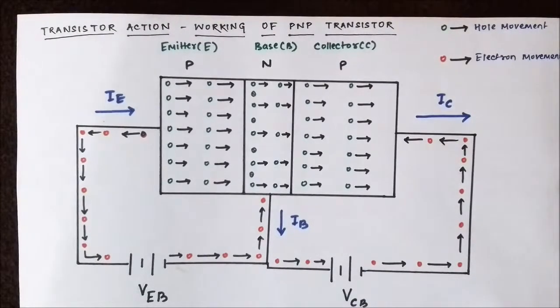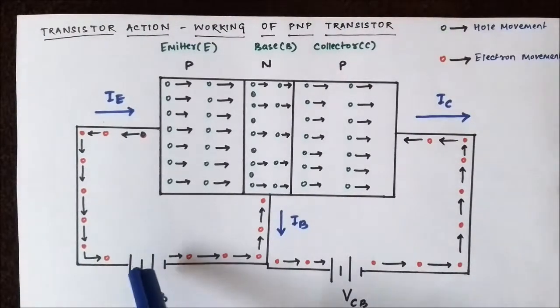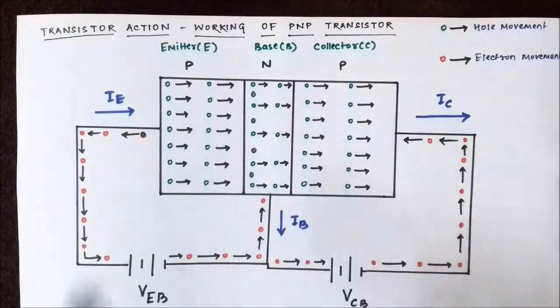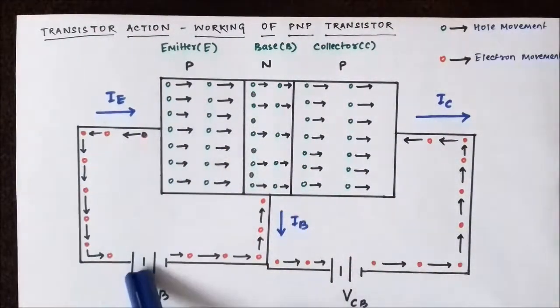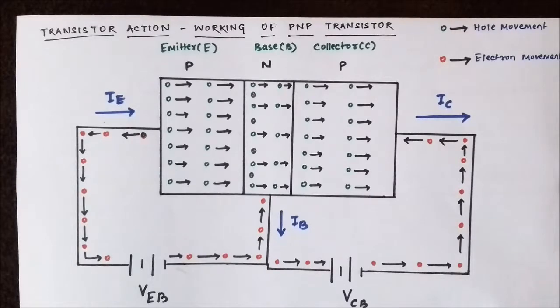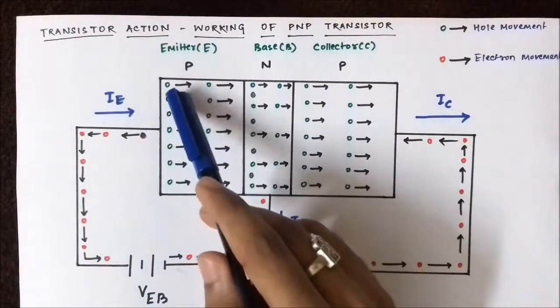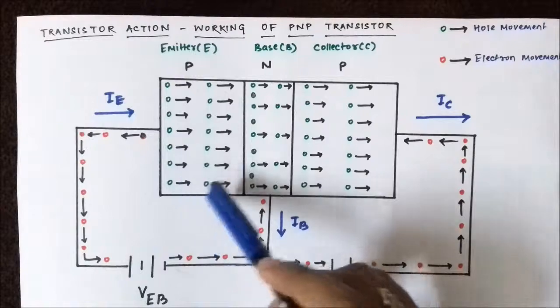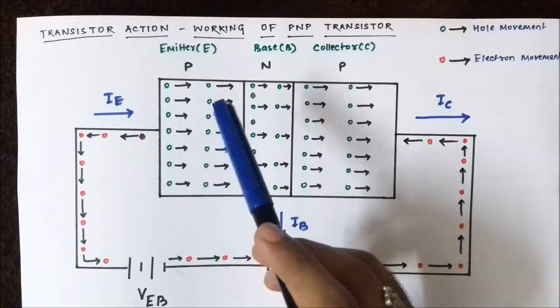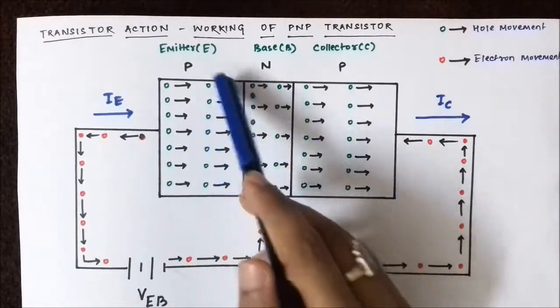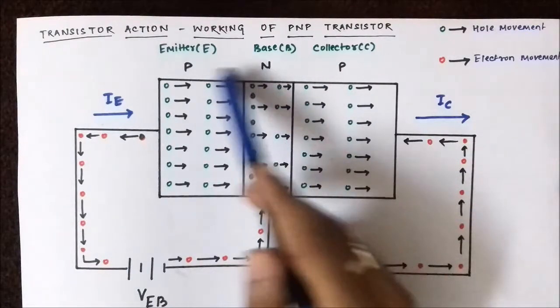Now, as this p-type emitter is connected to the positive end of the supply VEB, the emitter base voltage, this repels or pushes the holes, which are represented by these green dots and are the majority charge carriers, as it is a p-type block.